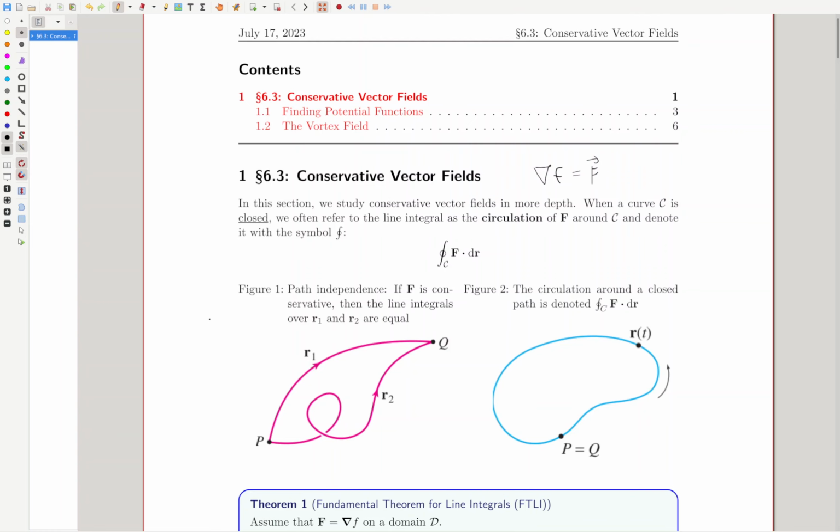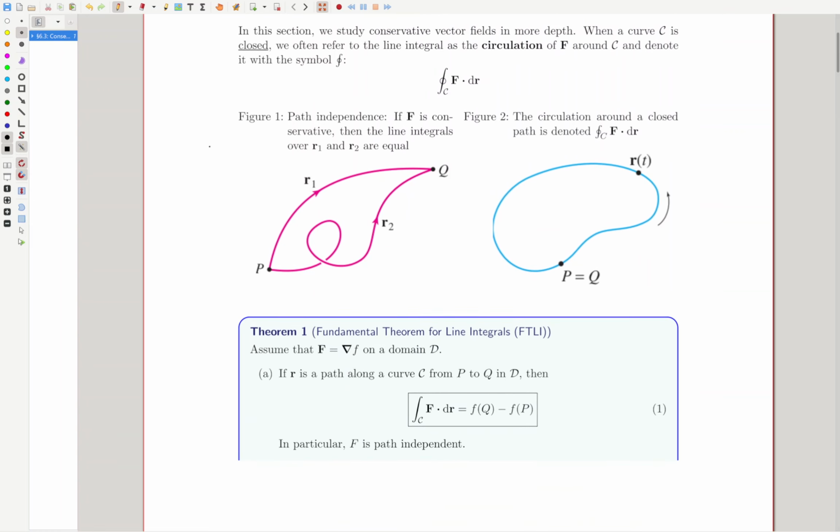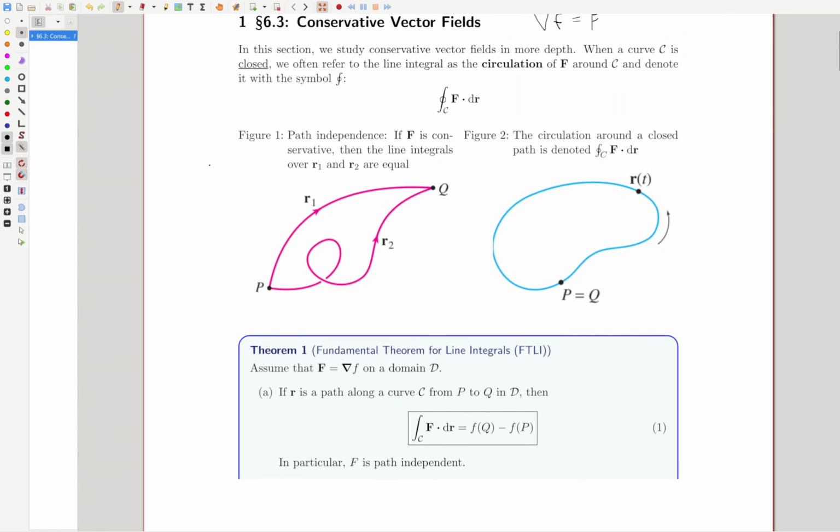All right. Now, these two pictures are serving to illustrate the following theorem, which is sometimes called the fundamental theorem for line integrals, sometimes called the fundamental theorem for conservative vector fields, but I'll be using FTLI to abbreviate, and I believe that the OpenStax book also calls it the fundamental theorem for line integrals.